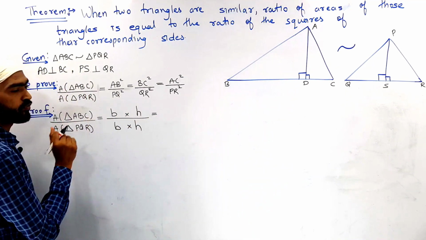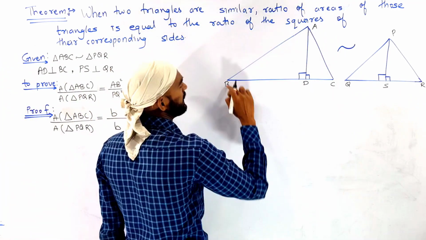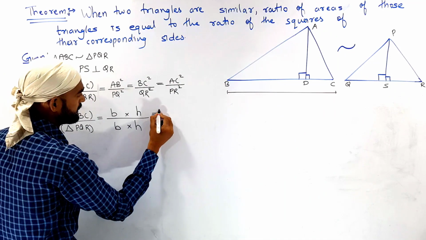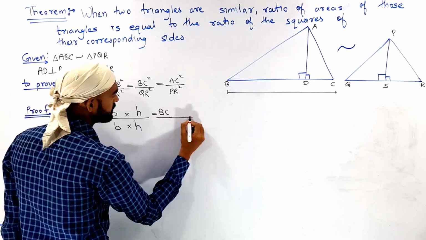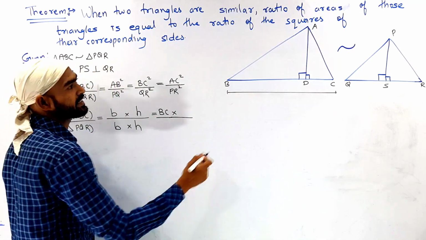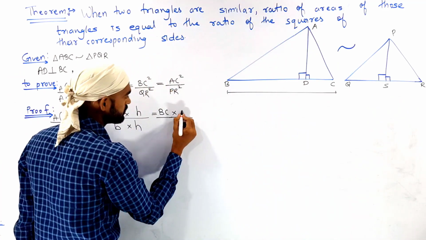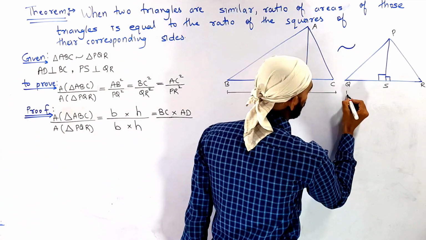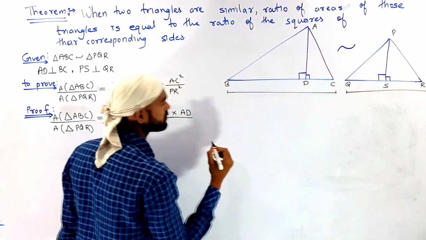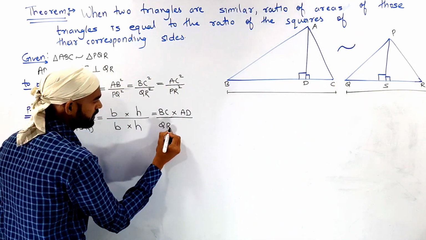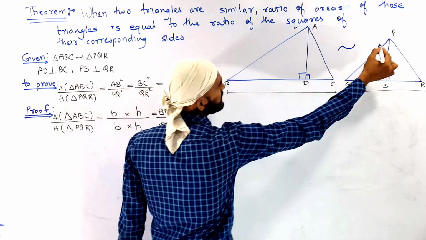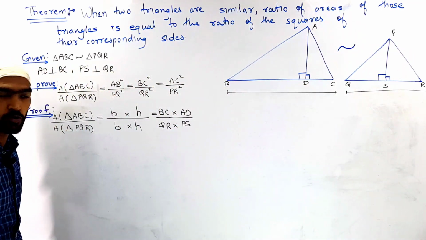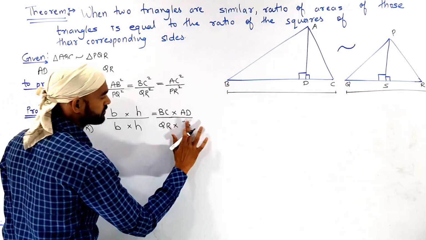What is the base of the first triangle? First triangle ABC, here the base is BC, so we'll write BC into what is the height? Height is AD. Similarly, in the other triangle, what is the base? The base is QR, and the height is PS. Clear, students? What we have done here?